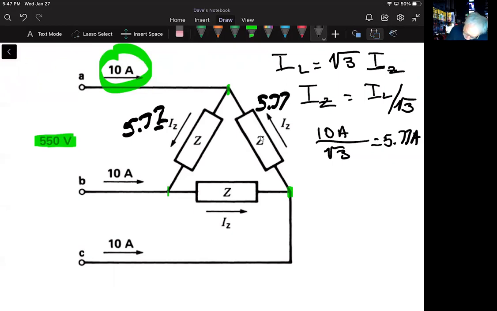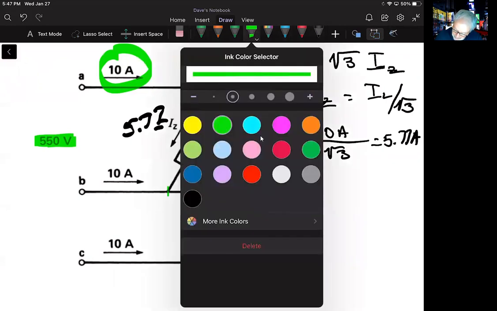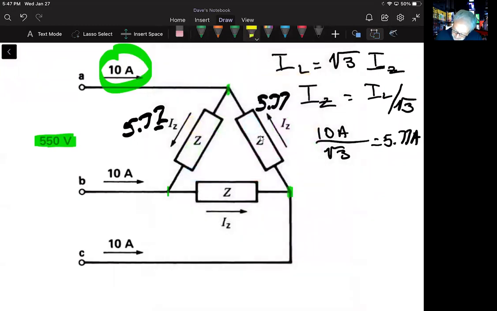So we were able to determine what those branch currents were in the configuration. And he asks, what is the voltage across each impedance? Well, if we look at this impedance, this impedance sees this voltage, which is 550.